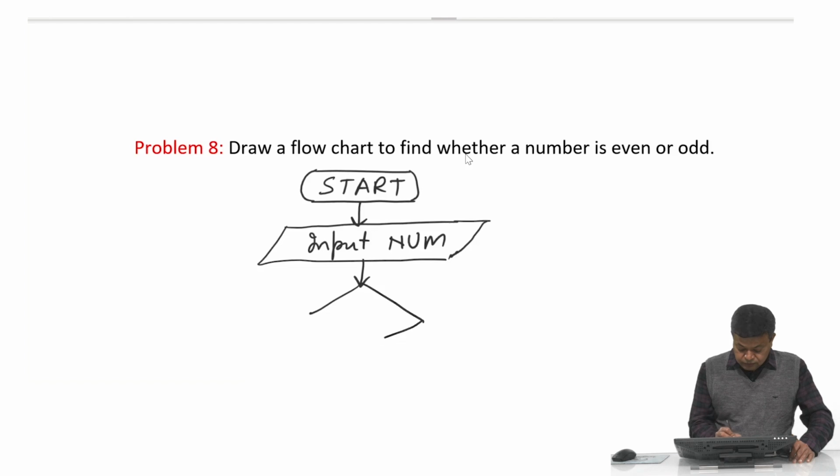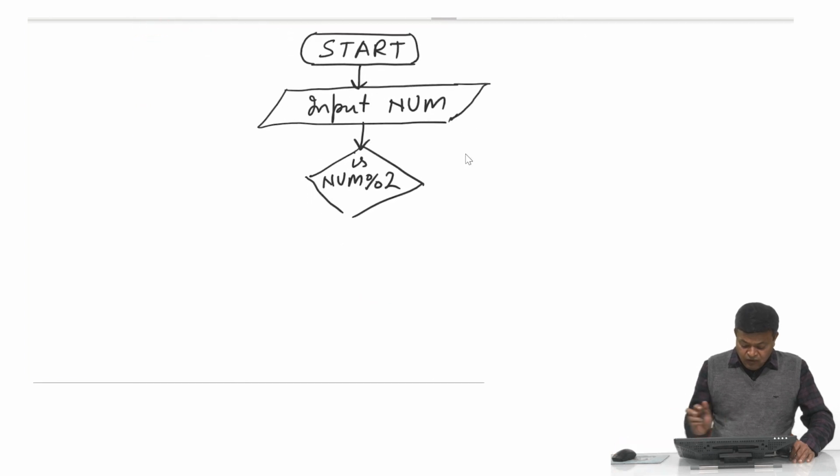Now, if I divide NUM by 2, this will give me the remainder. If the remainder is 0, then what does it mean? That the number is an even number.